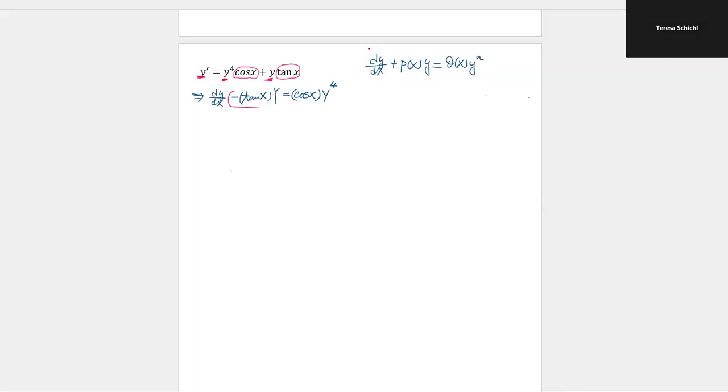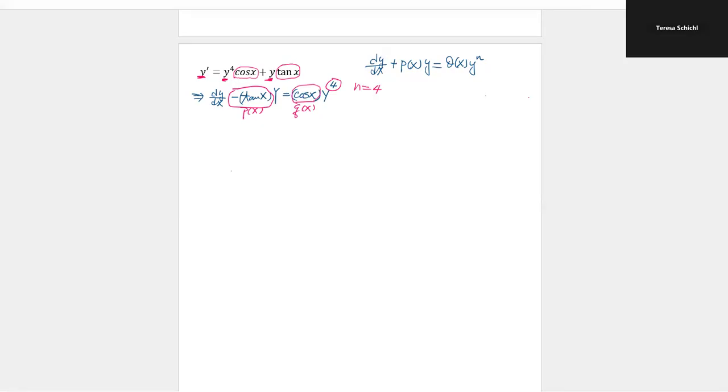So this is my p(x), and this is my q(x). And what is my n here? My n is going to be 4. So I know it perfectly fits my Bernoulli equation.